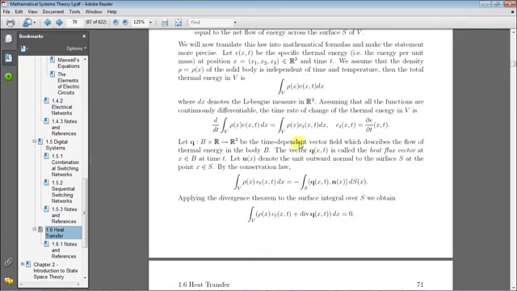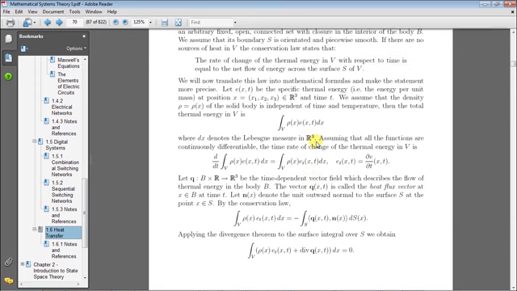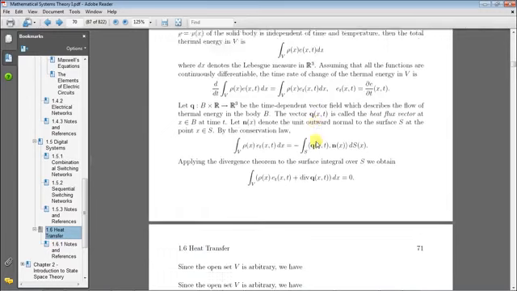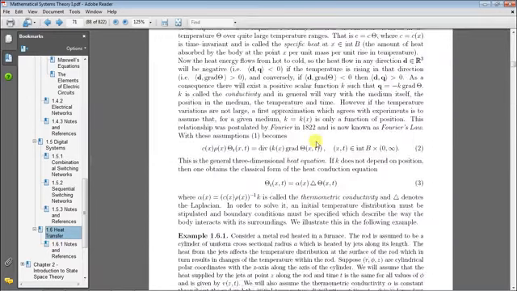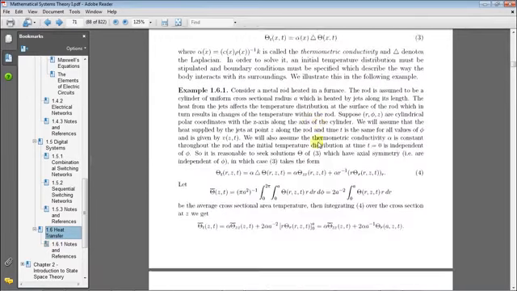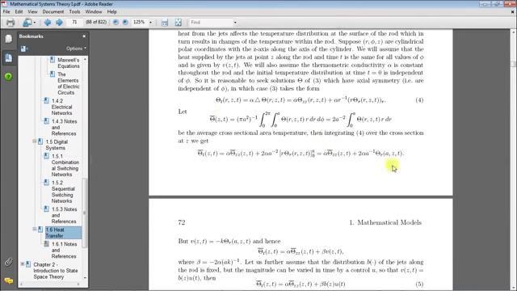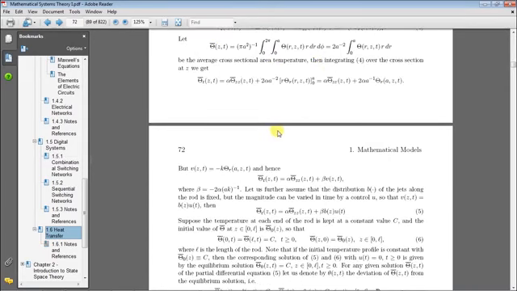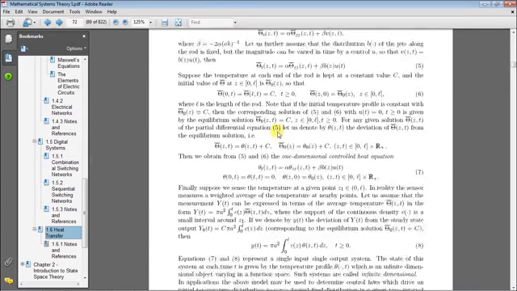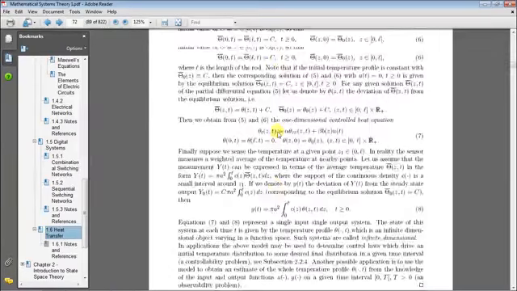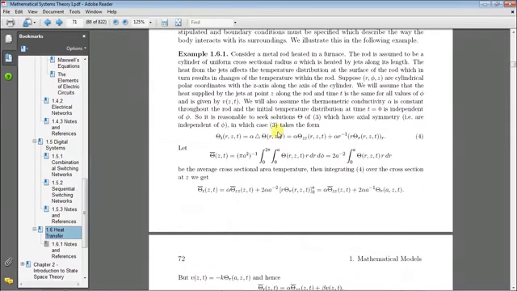So for heat transfer functions, the relationships can be very complicated. It can look like this over here, and it will take some time to understand them properly.